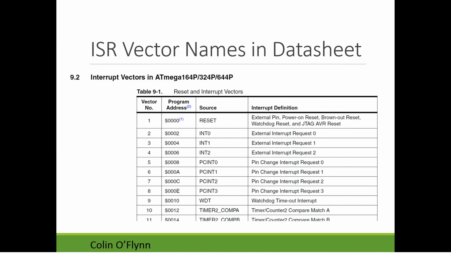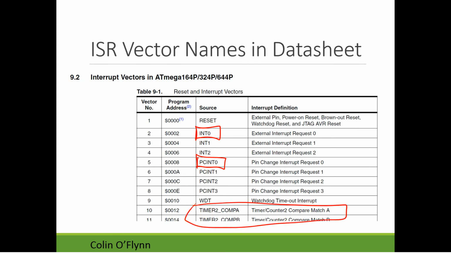Those vector names I mentioned briefly, you can see in the datasheet, where they list the interrupt vectors in the microcontroller. For example, we have the pin change interrupts, whenever the pins change. We have some external interrupts, which are specific pins that you can use for doing interrupts. At the bottom, you start to see a few of the timer ones.